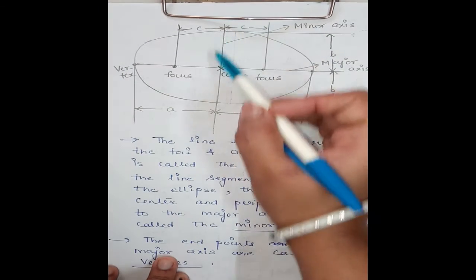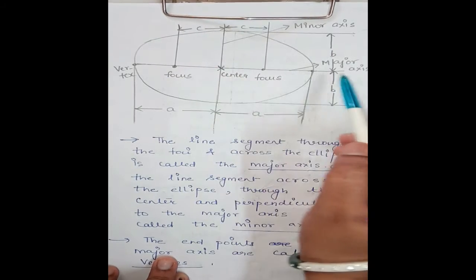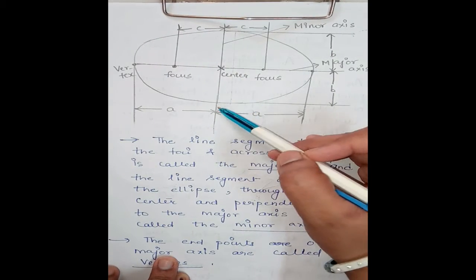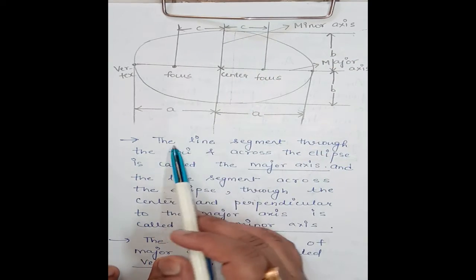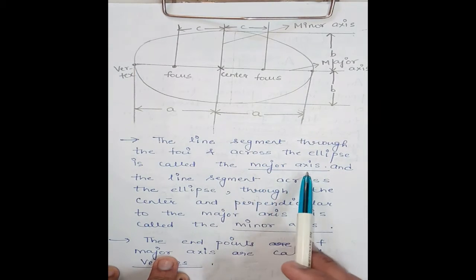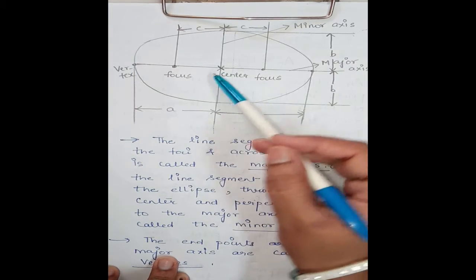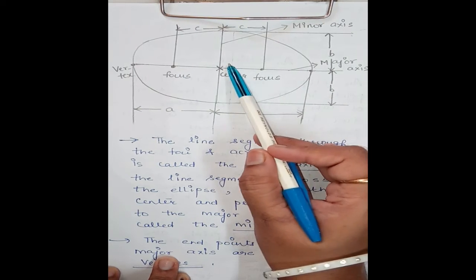Here the minor axis is along the y-axis. If this is the x-axis, this is the y-axis. Major axis is along the x-axis and minor axis is along the y-axis. The line segment through the foci across the ellipse is the major axis, and the line segment through the center and perpendicular to the major axis is the minor axis.